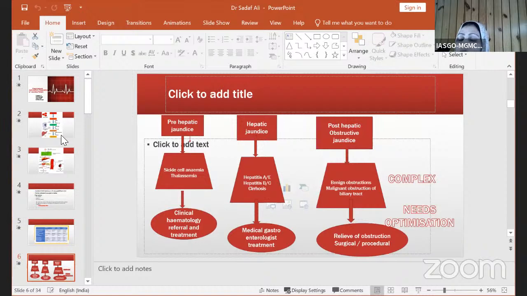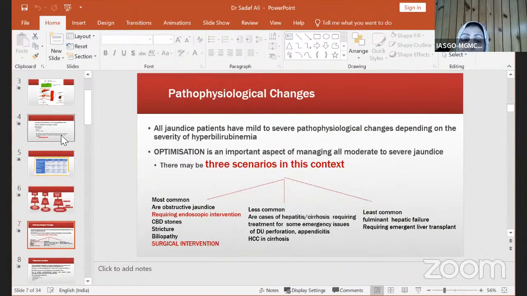And the post-hepatic jaundice is the group of obstructive jaundice patients due to any benign or malignant causes, which are more complex to manage and need optimization before a definitive relief of obstruction by surgical or other procedures. All these patients have mild to severe pathophysiological changes occurring depending upon the severity of hyperbilirubinemia.